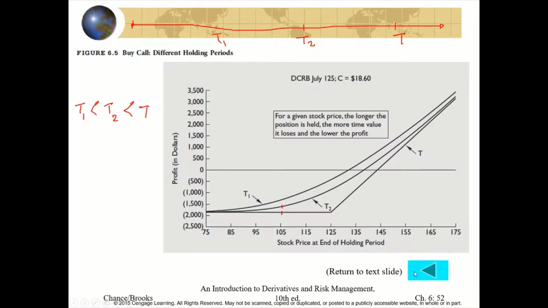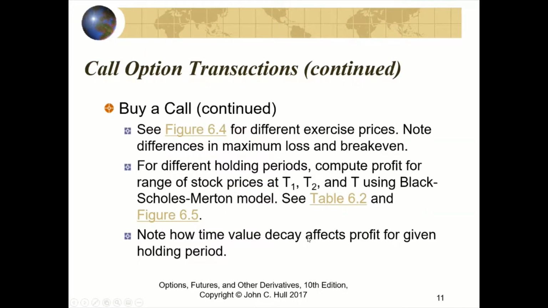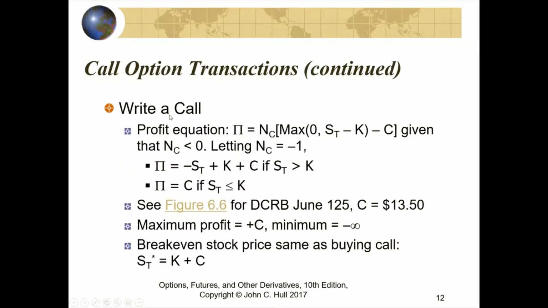Okay, now let's examine the case of taking a short position in a call option, or writing a call option. As we saw earlier, the profit will be the payoff I pay plus the premium I receive.